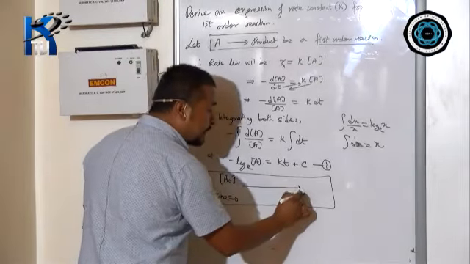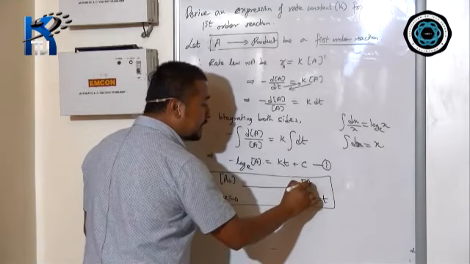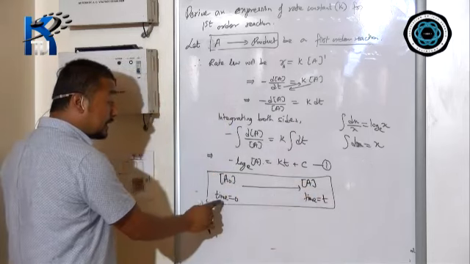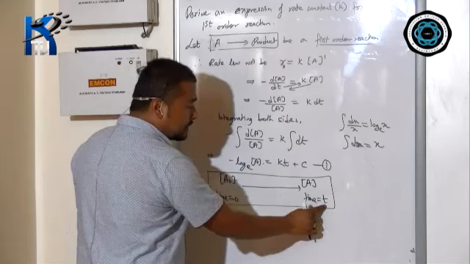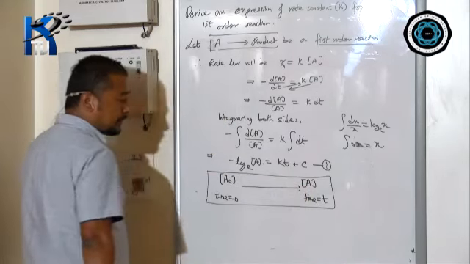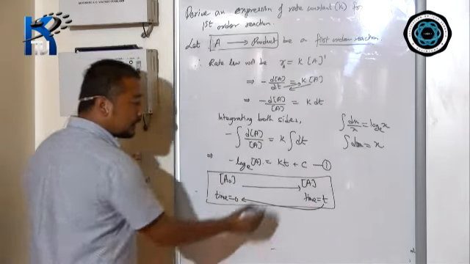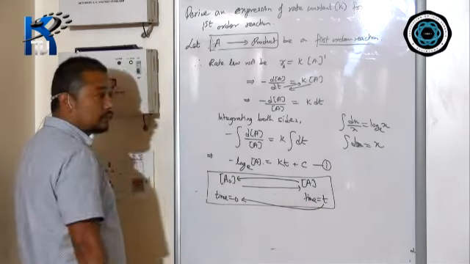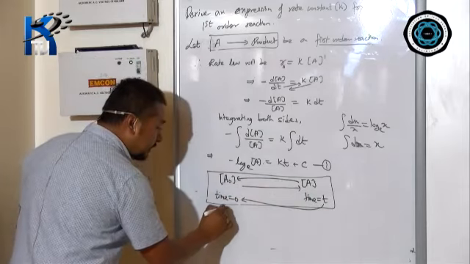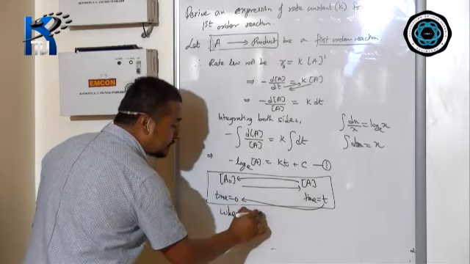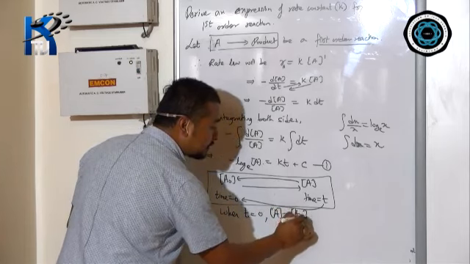But as the time passes and becomes t, let the concentration of the reactant be A. Now look here. When t becomes 0, A becomes A0. So I write here, when t becomes 0, concentration of A becomes equal to concentration of A0.